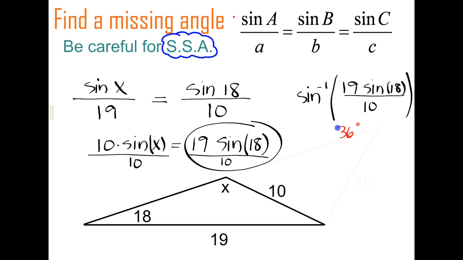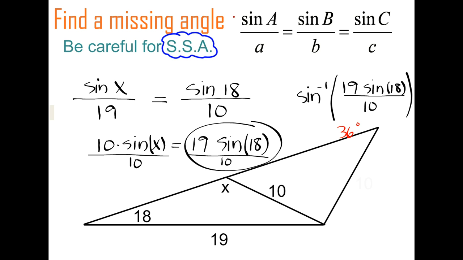And so let me show you that there are two possible triangles here. So I'll extend this line of that side, and I will rotate this side 10 so that it also touches the long side of the triangle. So now I have a triangle here.